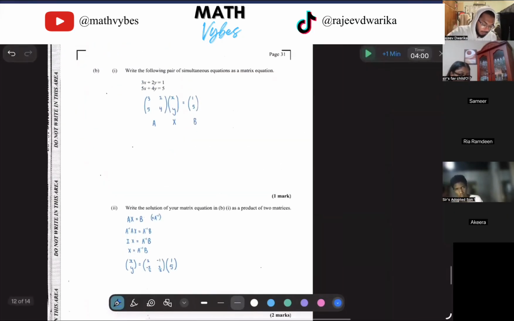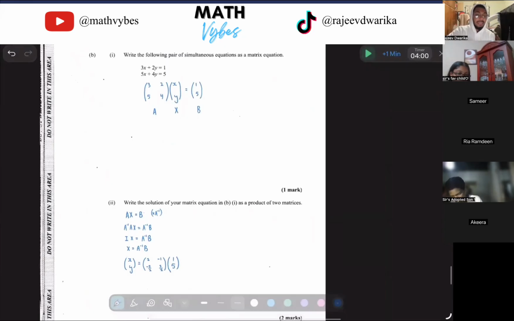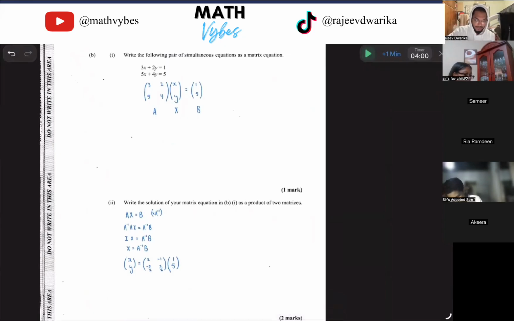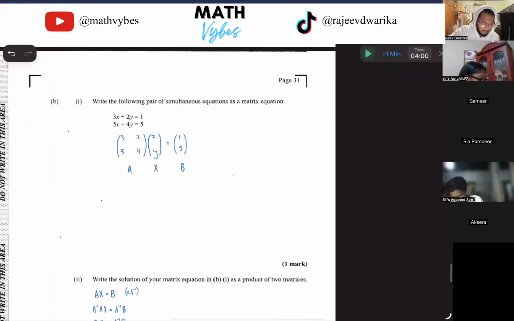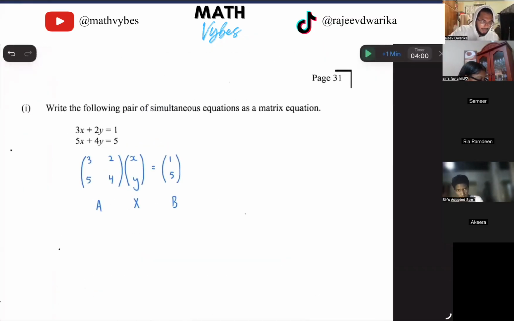If you are confused, I need you to tell me ASAP because you need to understand this. So Ria, for your sake, just to make sure you're fully locked in, I'll go over it again. And this will help anybody that might be confused. Write the following pair of simultaneous equations as a matrix equation.